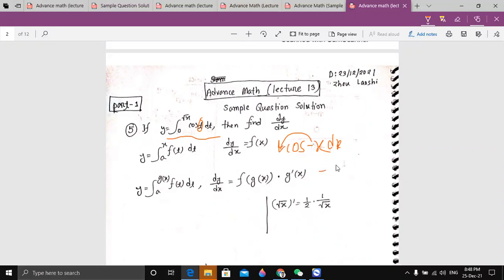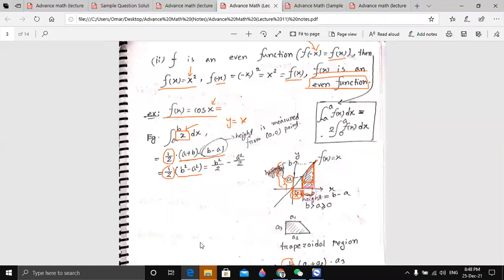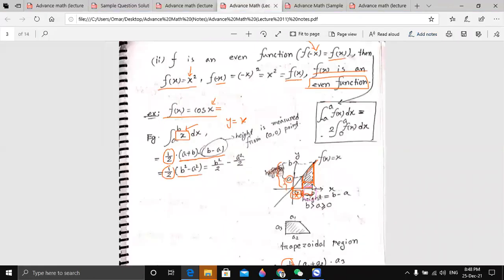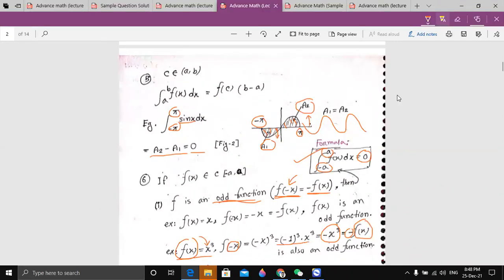So we get minus cos x dx. So this is an odd function, right? So for odd function, let me open up the previous lecture. So for odd function, this is the formula, okay?